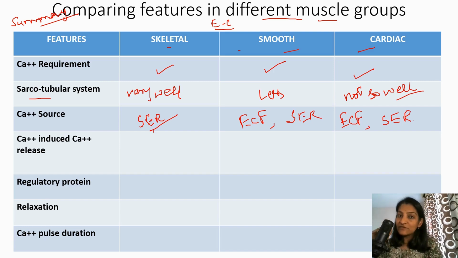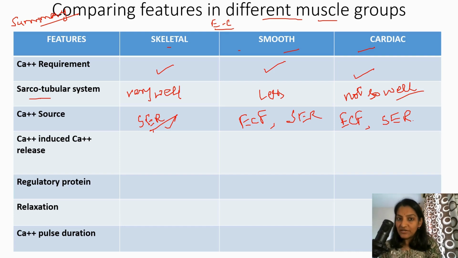Whereas in case of skeletal muscle, the concentration of calcium in blood or in ECF is not going to directly affect the mechanism of contraction, because that is solely dependent on the availability of calcium in the sarcoplasmic reticulum.